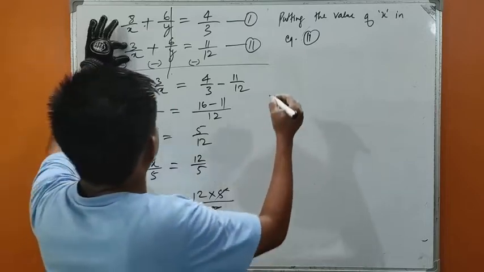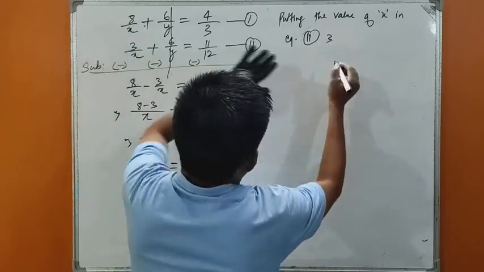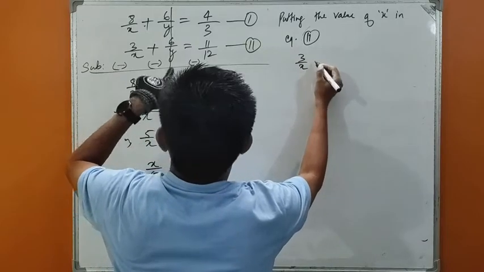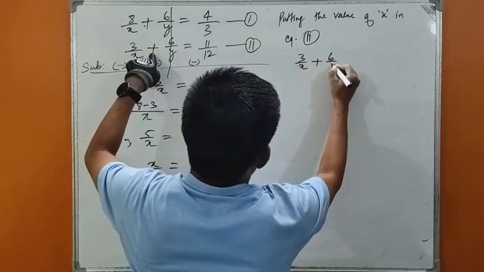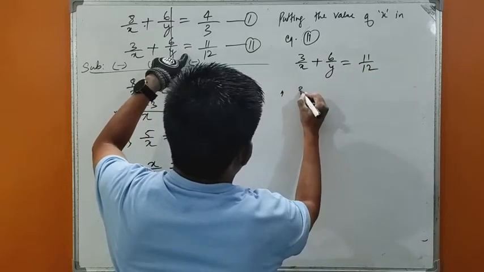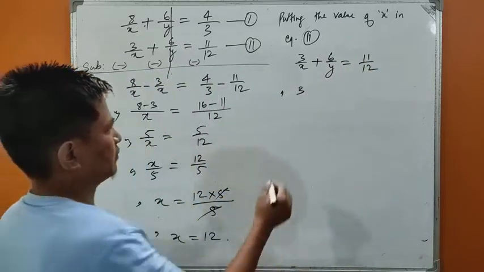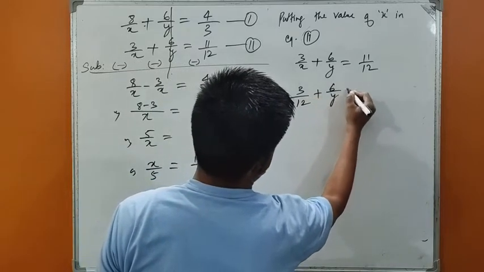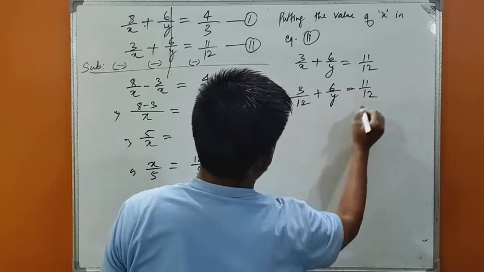Equation 2, 3 upon x plus 6 upon y equals to 11 upon 12, isn't it? Or 3 upon x is 12. 12 plus 6 upon y equals to 11 upon 12, isn't it?